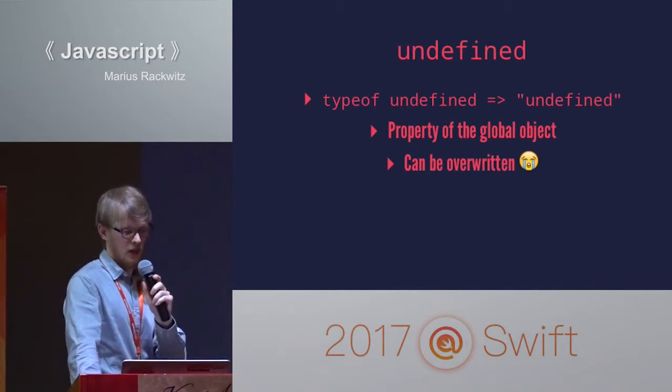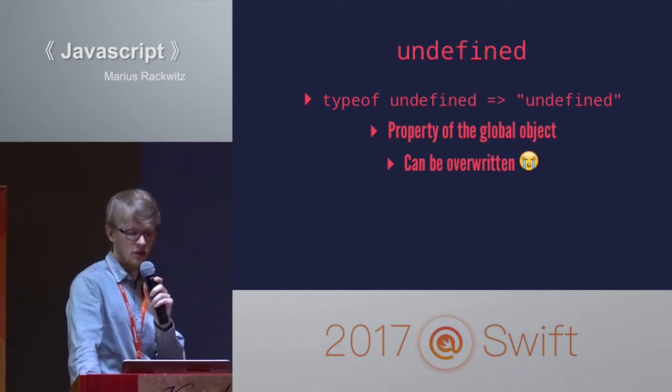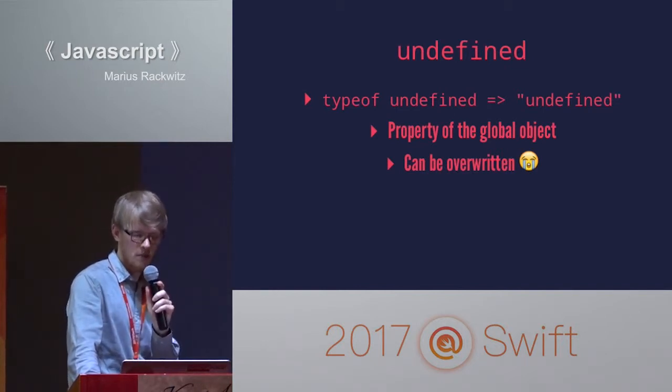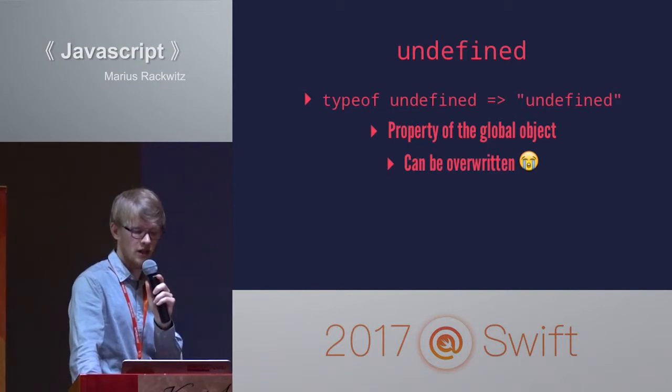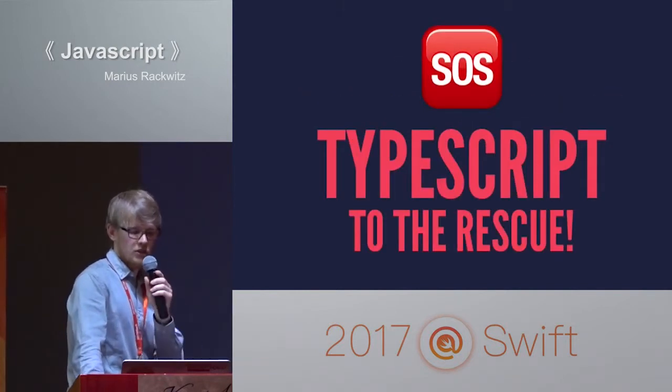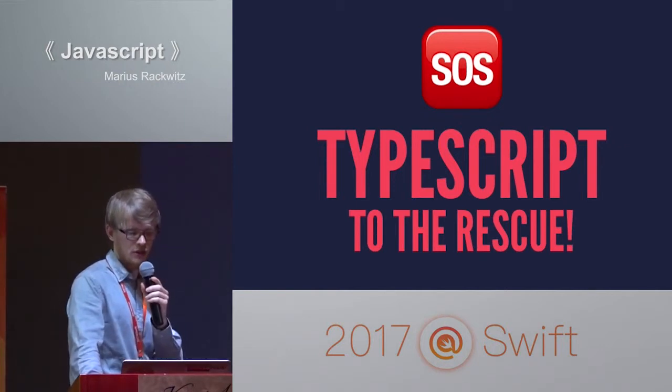So what do we do? Most developers these days recommend to rather use just the latter, undefined, as it has the clear type undefined versus the rather ambiguous type object. But we can also use TypeScript again to our rescue.